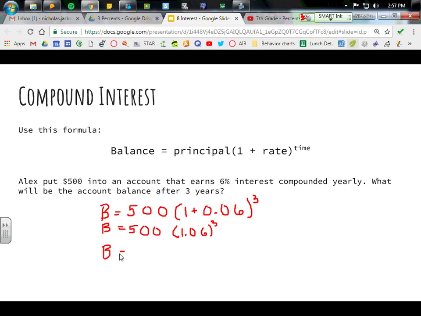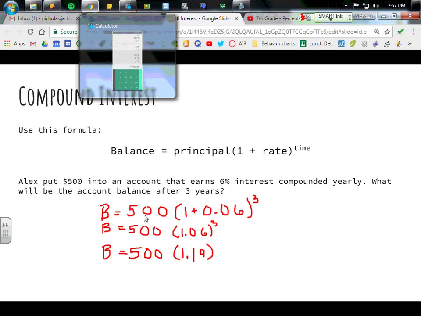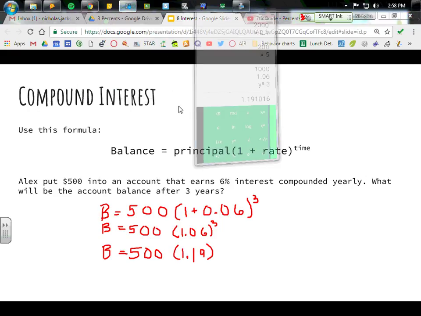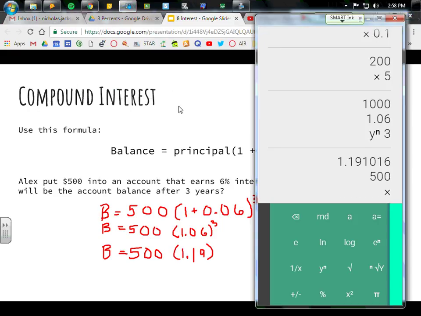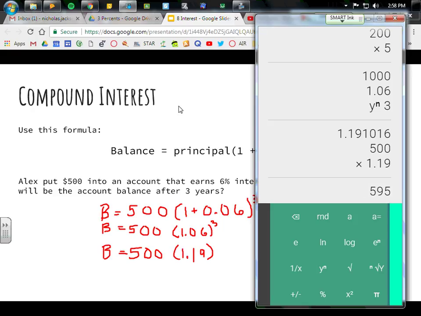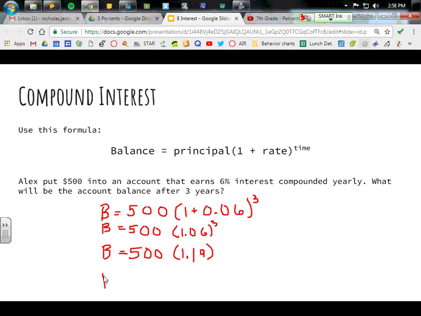So 500 times 1.19. So now we just multiply 500 times 1.19. 595. So that's our balance.